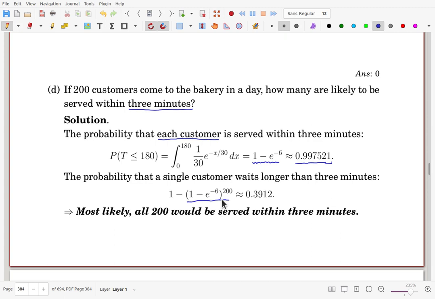If you compute this numeric value, it is about 0.39. That means most likely all 200 would be served within 3 minutes. So here, the answer is this one.